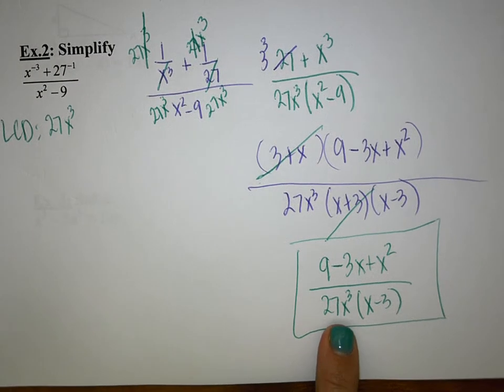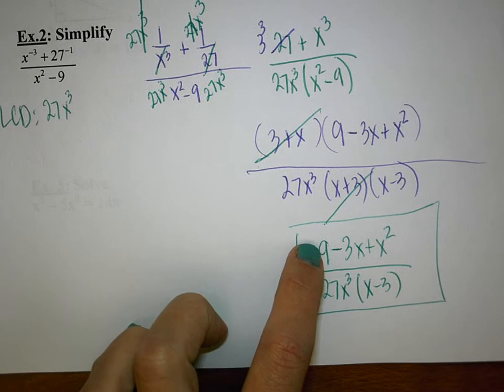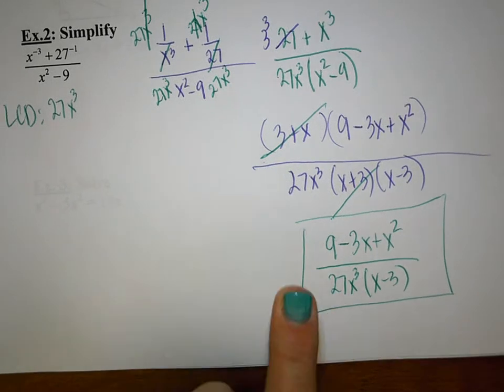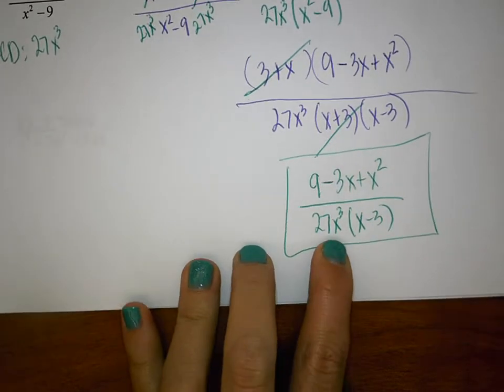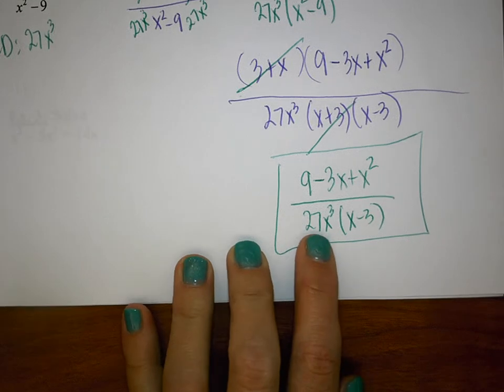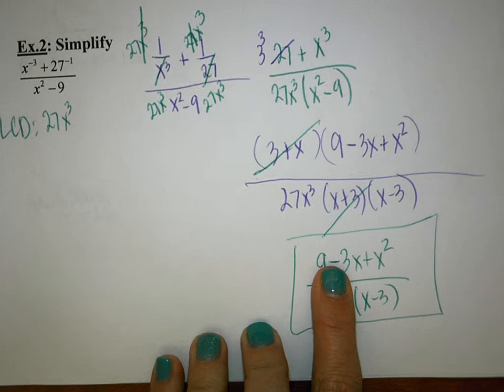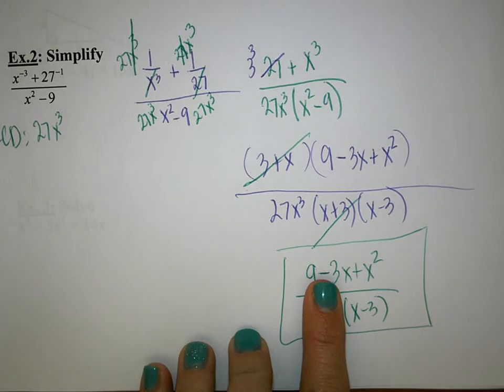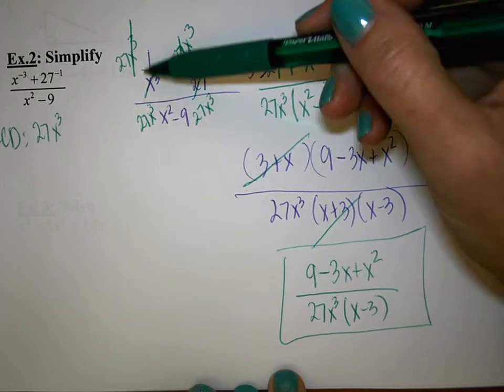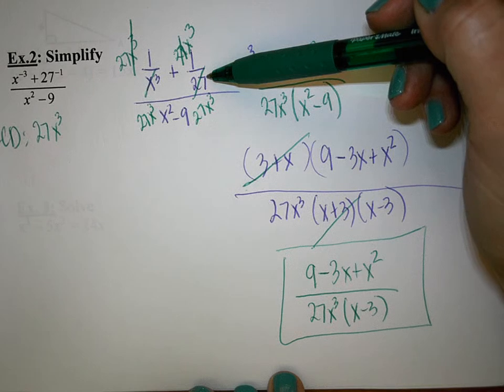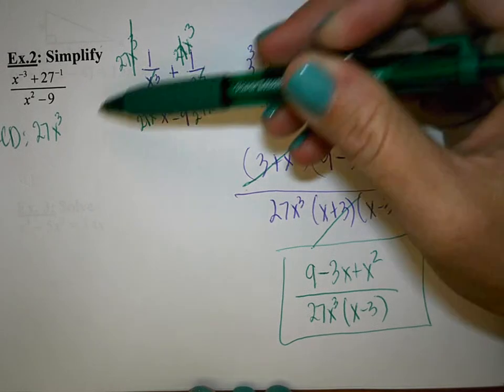This right here? Wait, say that again? Right here? There's no adding or subtracting between these two. So, you probably could do that.